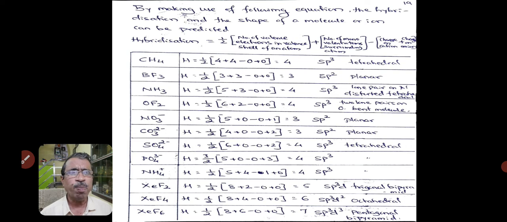So 5 plus 0, and it is not a cation but an anion, its charge is 1, so 5 plus 0 minus 0 plus 1, divided by 2, will be 3. So the nitrate ion has sp2 hybridization. Like this, students, go through all the various molecules and ions and their respective hybridization, and learn how to calculate it.